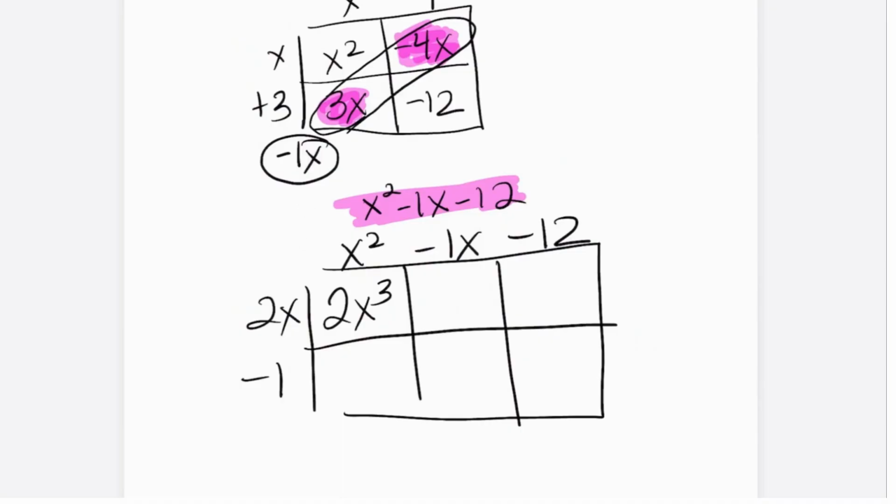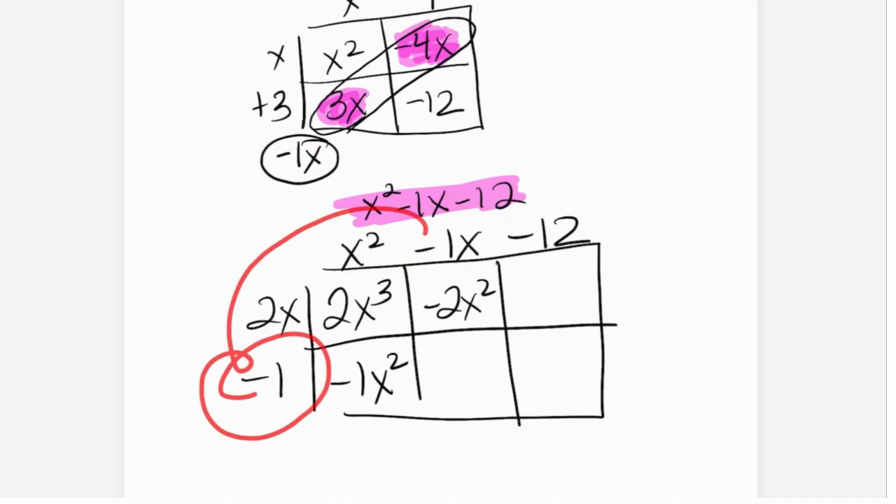All right, next one, we're going to go ahead and do x squared times negative 1, and that gives me negative 1x squared. Then I move on to the next column. So I'm going to go ahead and do negative 1x times 2x. That's going to give me negative 2x squared. Then negative 1x times negative 1. 2 negatives give you a positive, so we're going to go ahead and get 1x.